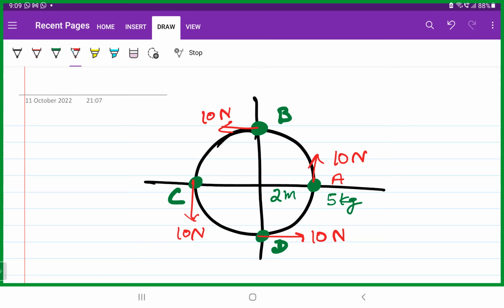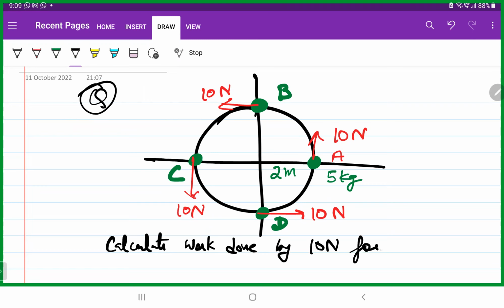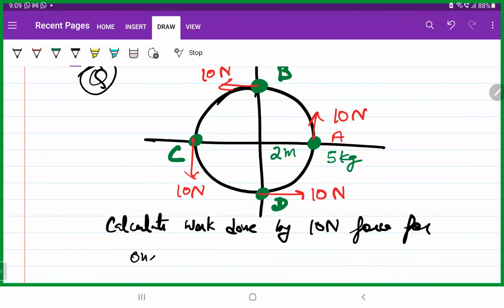The question is: calculate work done by 10 Newton force for one complete revolution or rotation.